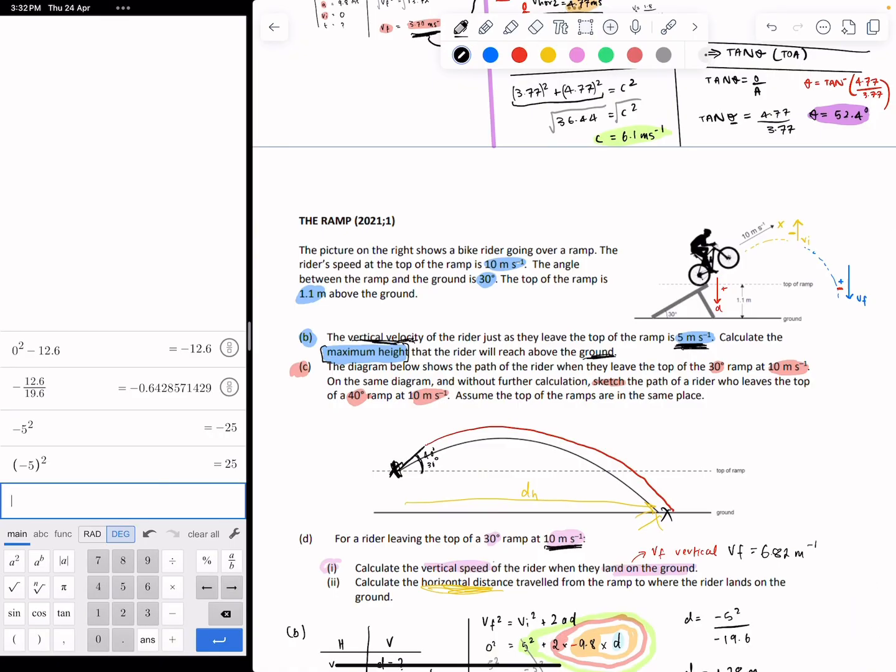So if we work out the time taken, let me just make this diagram a little bit clearer. I'll use a highlighter. If we first work out the time taken for the rider to get to the topmost point, then we can work out the time taken to get from the topmost point to the bottom point.